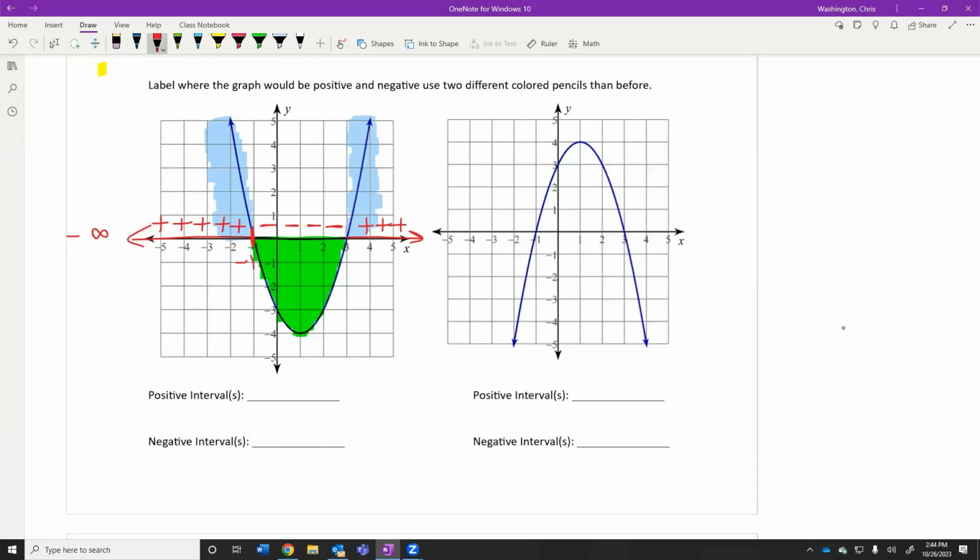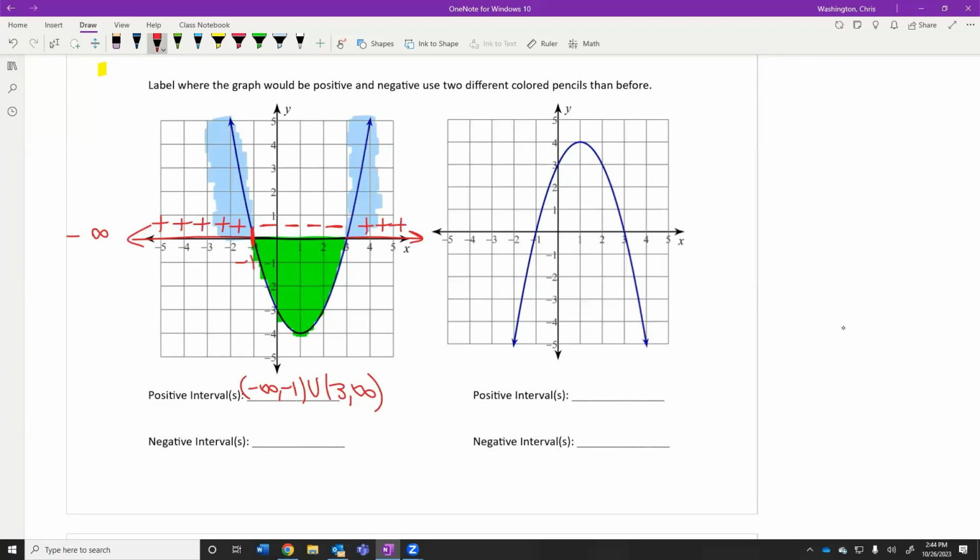And how do we write those answers? Well, the same way you wrote them last week. We're looking for everything from -1 to the left. So that would be negative infinity to -1. Or everything to the right of 3 would be 3 comma infinity. Notice I did use parentheses this time, and we have to use parentheses this time.